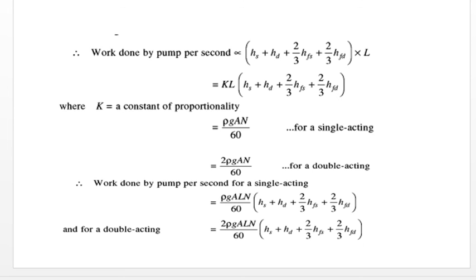We had discussed this in the last slide, in which we considered rho g A L N by 60 equal to K, the proportionality constant. So we put the value of this K in this equation and we get the work done by the pump per second for single acting and for double acting. This is the formula for the single acting and double acting pump under the effect of acceleration and frictional head.